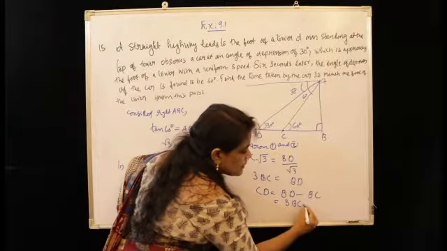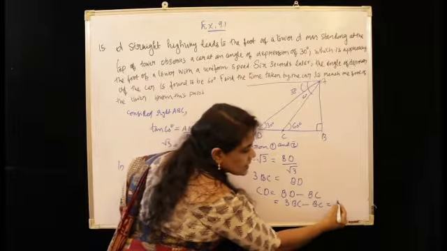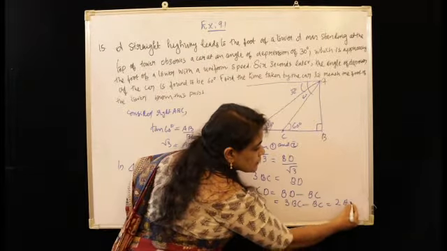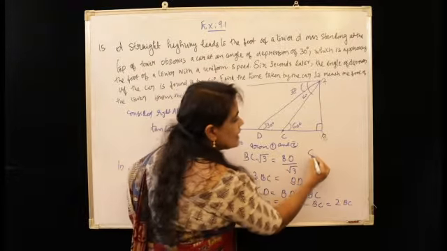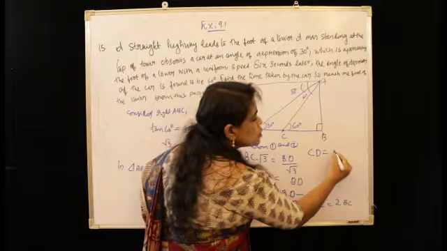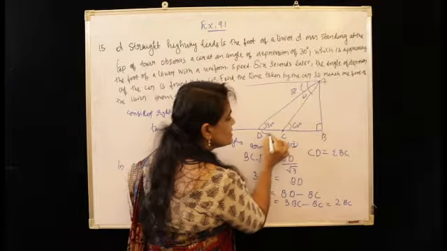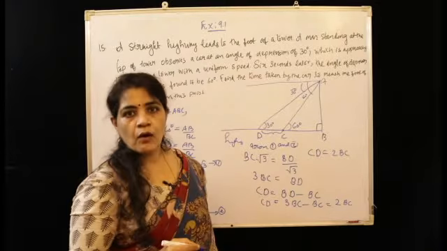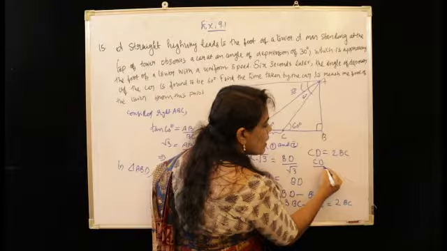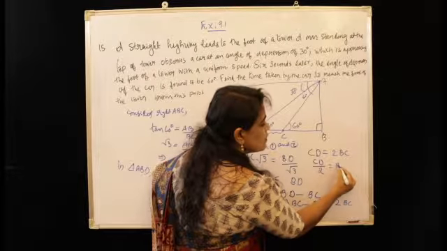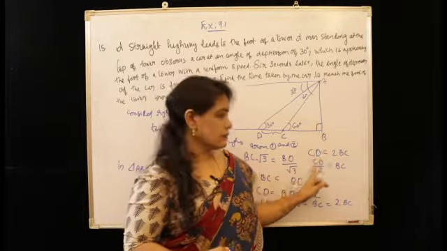And I am keeping this BC as it is, and now you have 3 BC minus BC is 2BC. That means you got here CD equal to 2BC. Or here you will be getting CD by 2 equal to BC, because we need the time taken from this point to this point, BC.